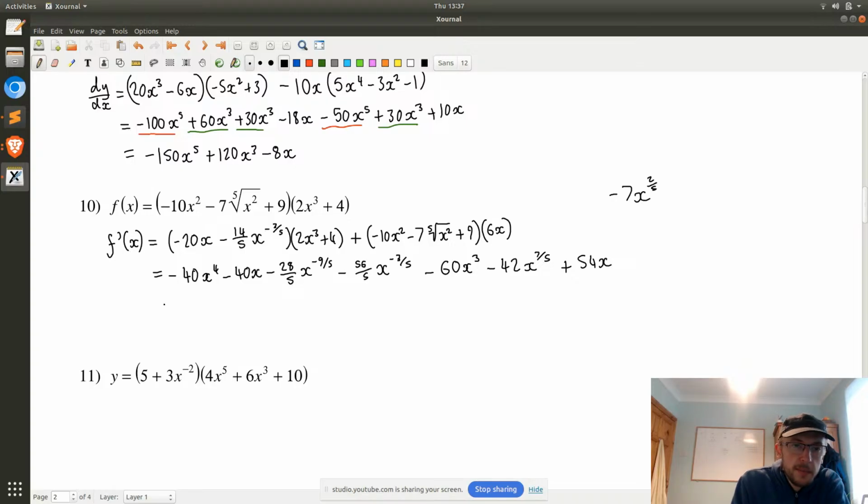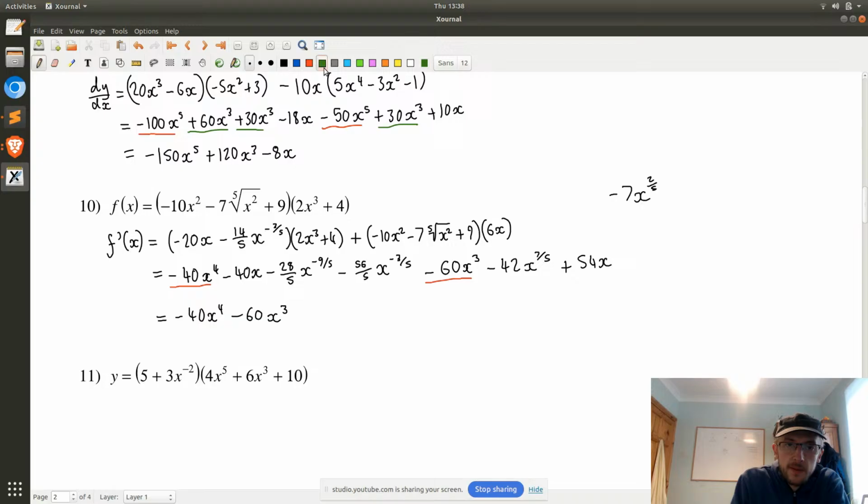And now we have to gather up everything. So the highest power involved here is the fourth power. So that takes care of that. And next in line will be the third power. So that takes care of that.